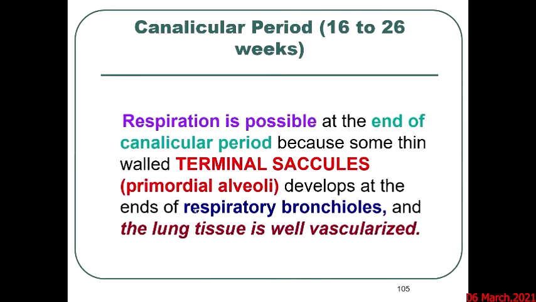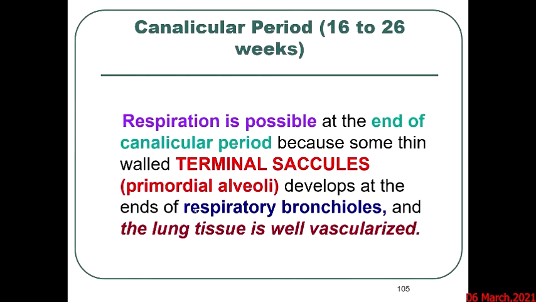So respiration is possible. Why? Because by 24 weeks, respiratory bronchioles are formed. And by 25 or 26 weeks, some alveolar ducts are also formed. And we know that from the respiratory bronchiole to the alveoli is the respiratory zone.